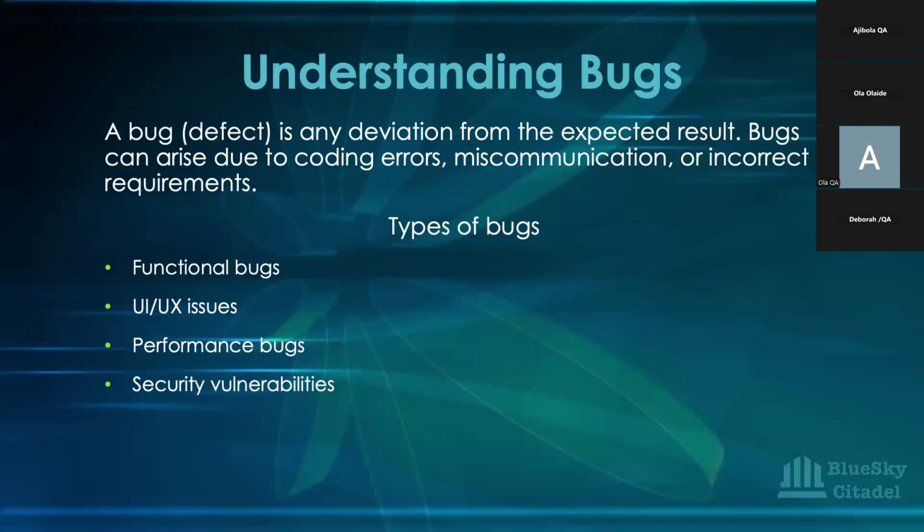But the BA may fail it in the UAT, because the color is gray, but the developer made use of white. So that is where miscommunication can come into place.